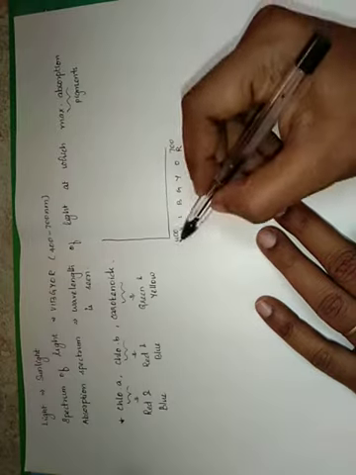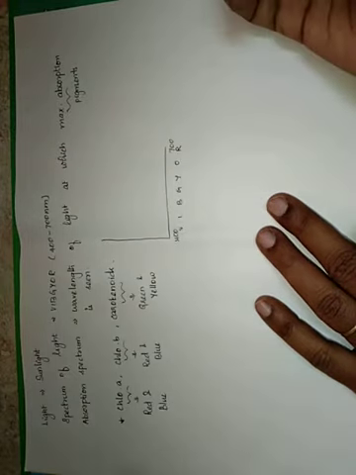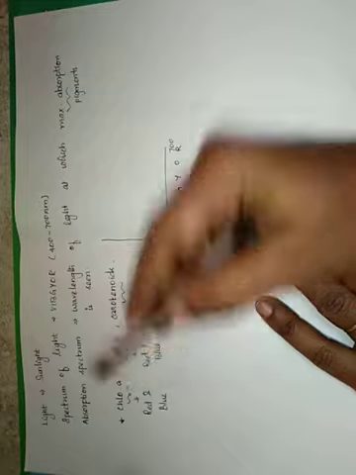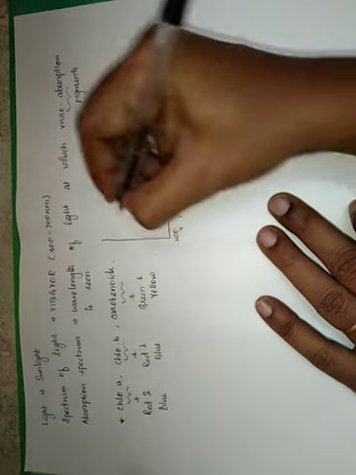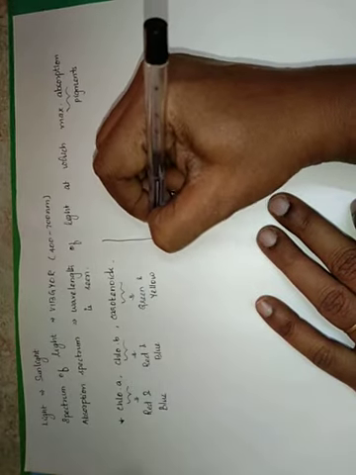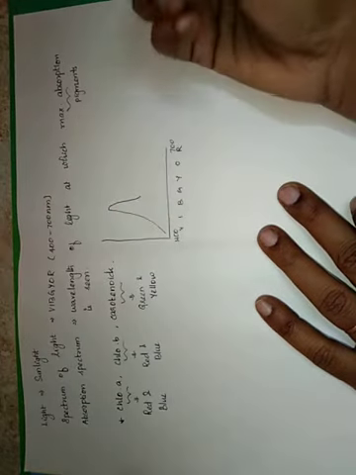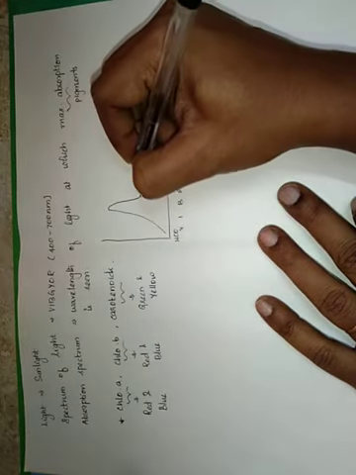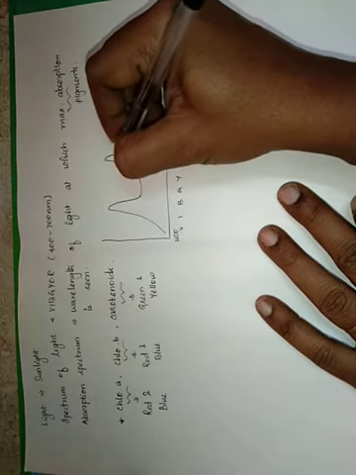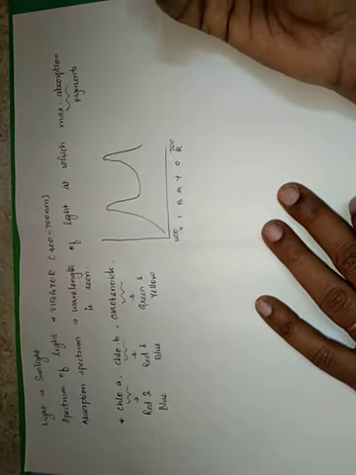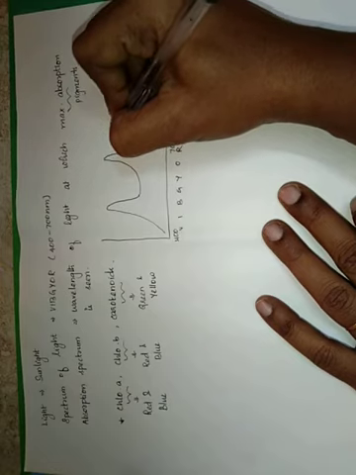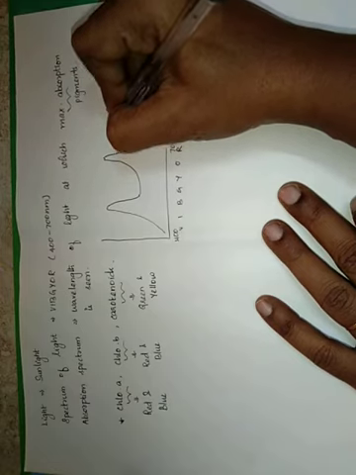So between 400 to 700 nanometer we have the spectrum of light, and the maximum absorption of chlorophyll A was found at the blue wavelength of light, and it was reduced in the other wavelengths, and again a maximum was found in the red wavelength, and again it reduced. This was for chlorophyll A molecule.